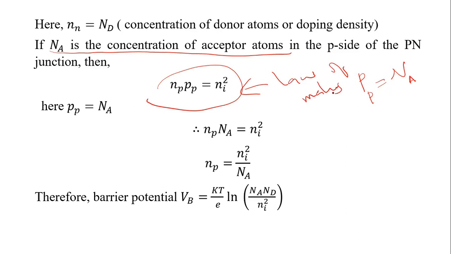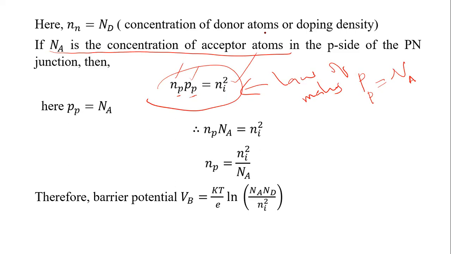This is what we know as the law of mass action. It simply says that for a p-type semiconductor, the product of the concentration of free electrons and the concentration of holes is always equal to the square of the intrinsic carrier concentration. Np into Pp is equal to Ni square.